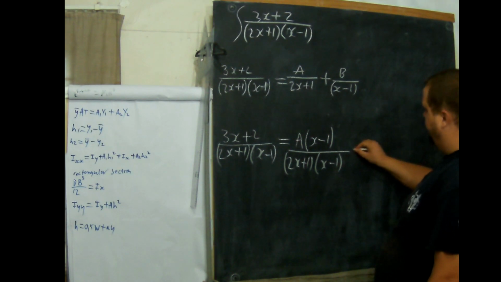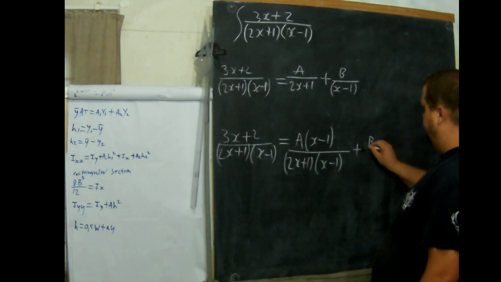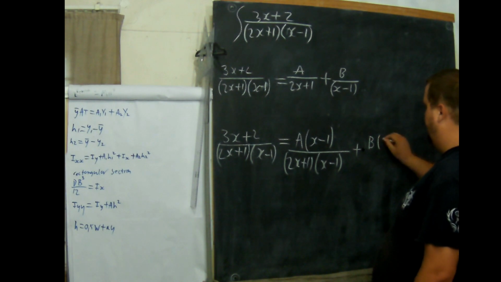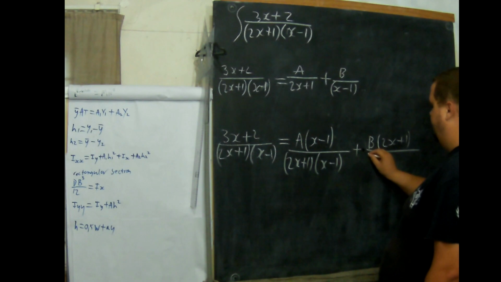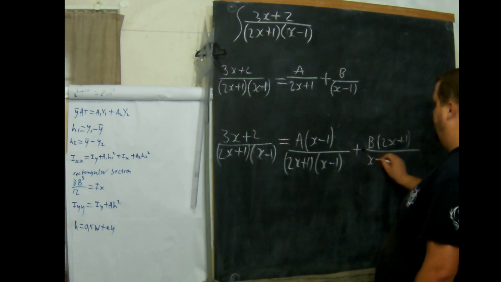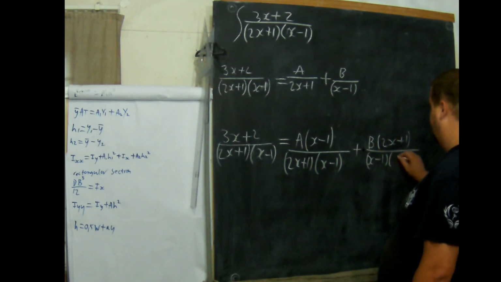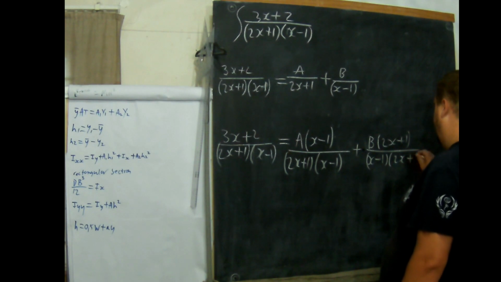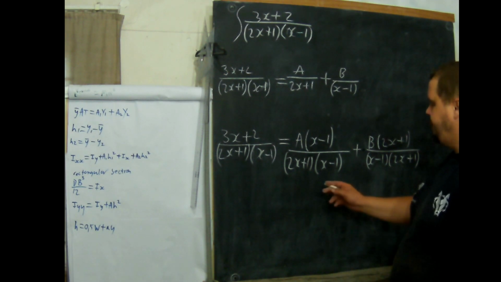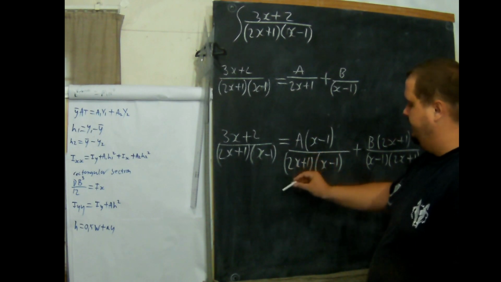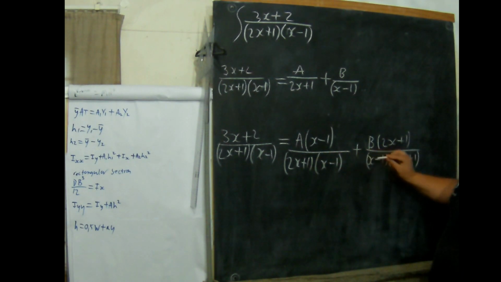Now for B, B does not have (2x + 1) over (x - 1), so we multiply by (2x + 1). Alright, so what you see here is that we all have the same base.